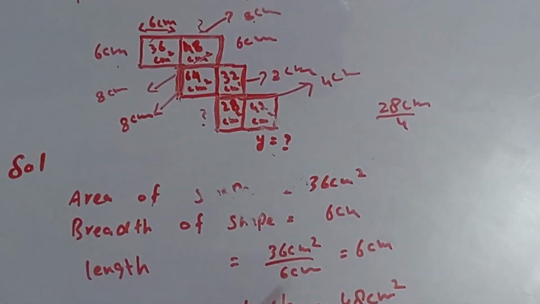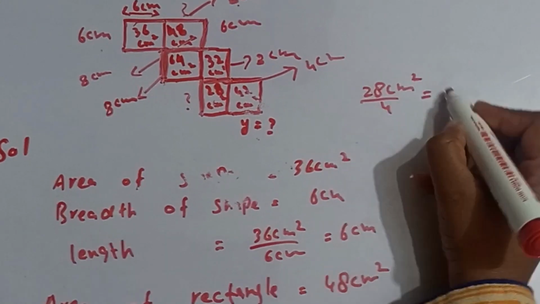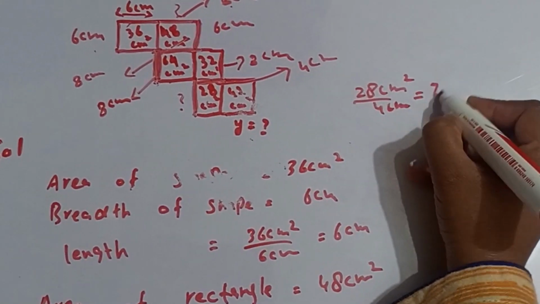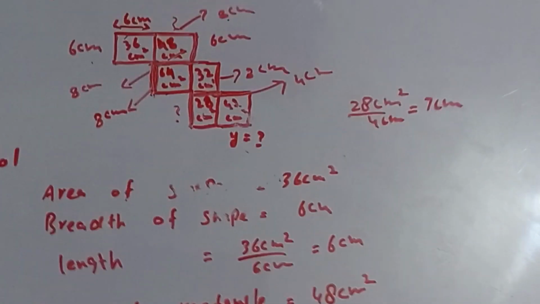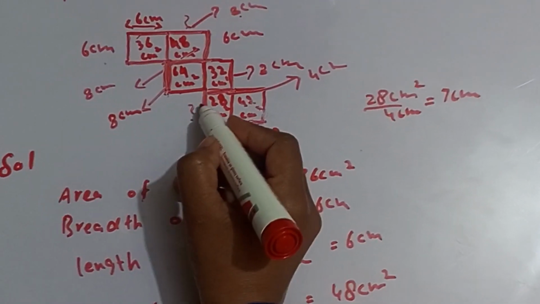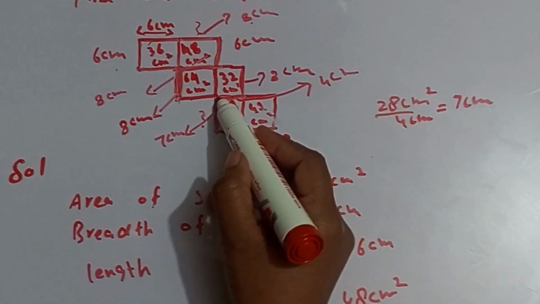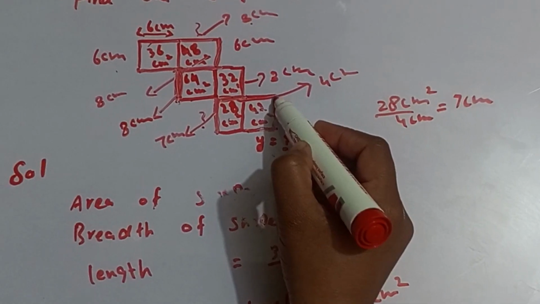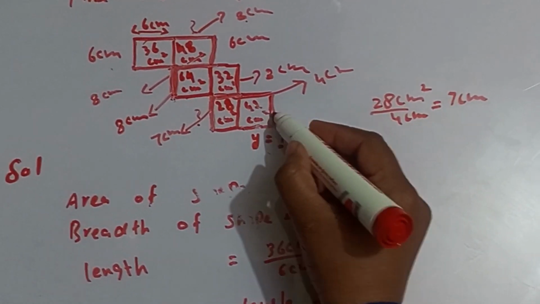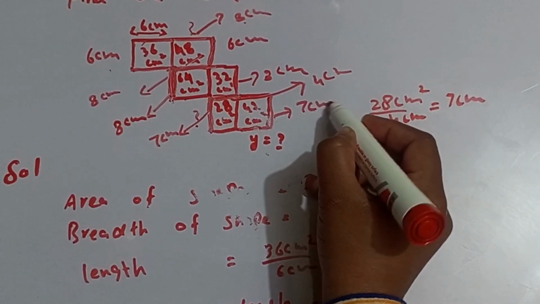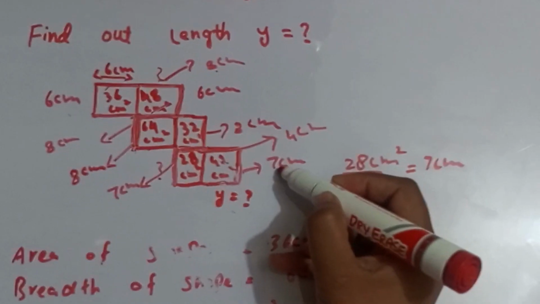So divide these two values, we get 7 centimeter. So the length of this side is 7 centimeter. This implies the length of this side is also 7 centimeter.